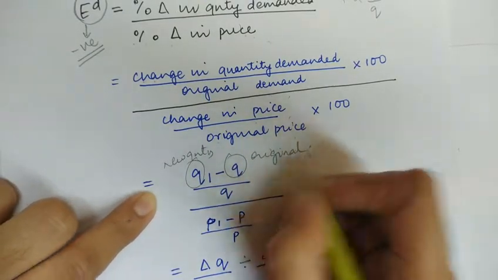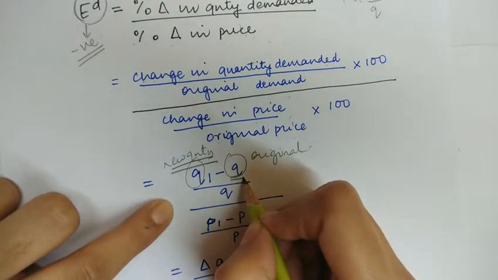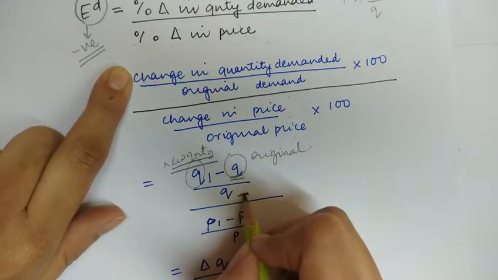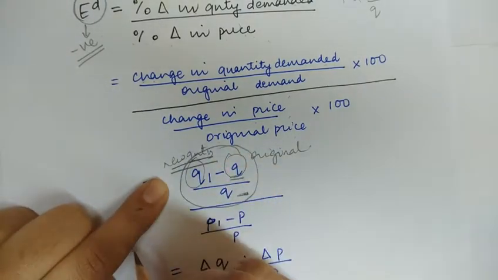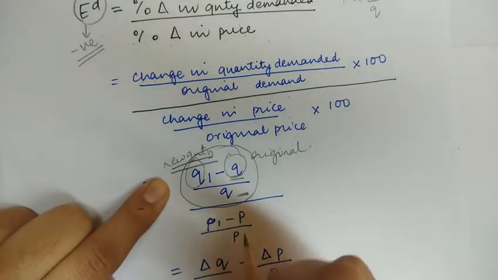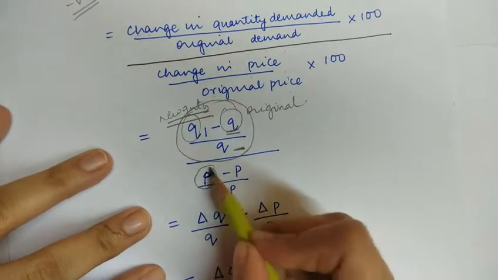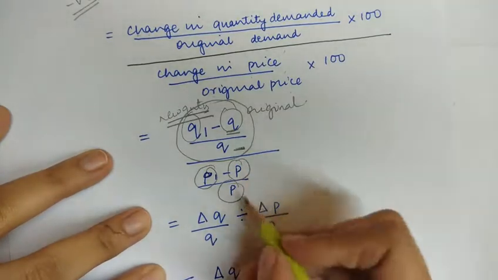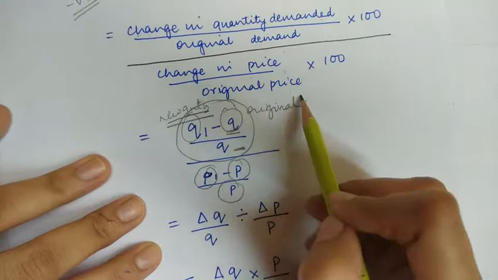So new quantity minus the original quantity will give you the change in the quantity demanded upon original quantity demanded. And new price minus old price upon the original price will give you the change in the price upon original price.